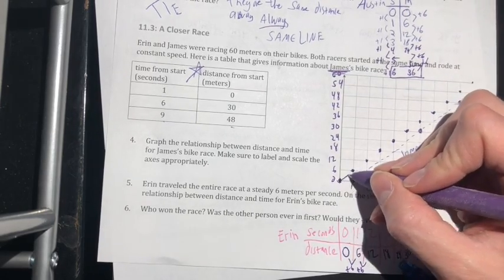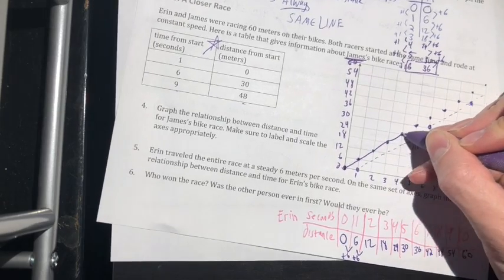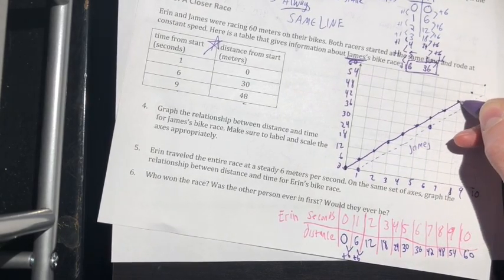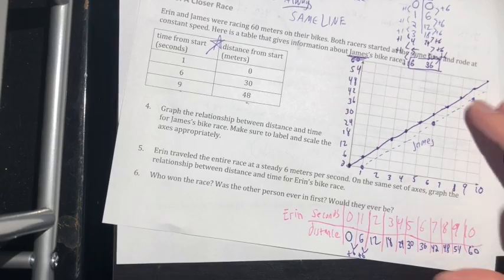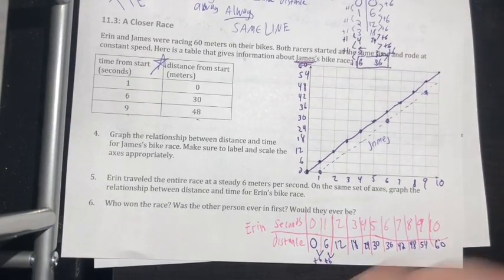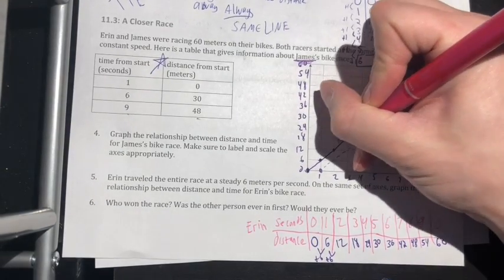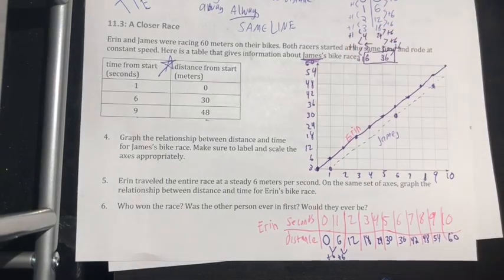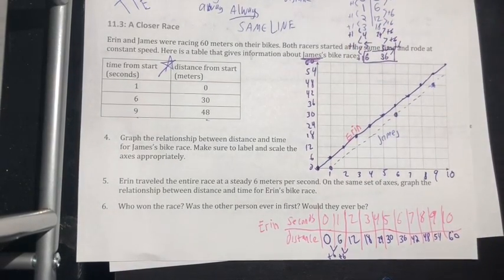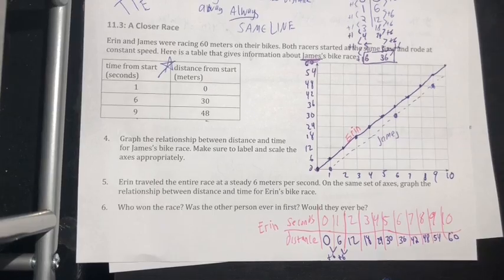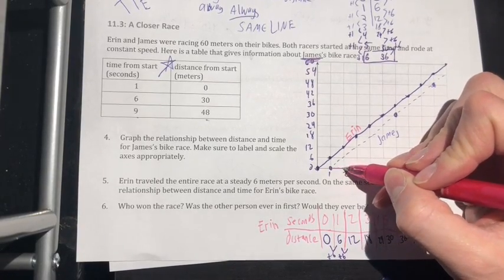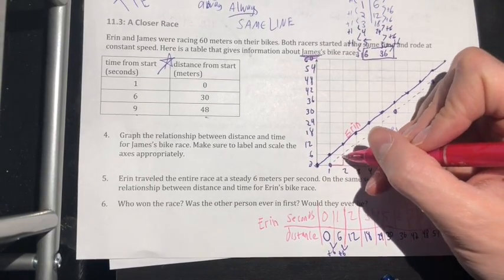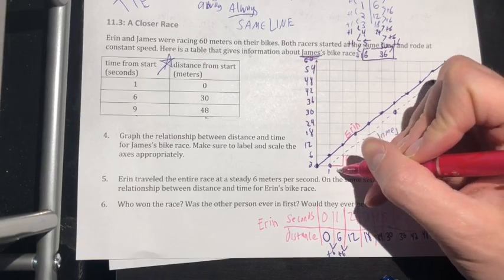So here's Aaron's line. Oh, I'm supposed to do hers in purple. That's okay. She'll understand. So let's talk about these two lines. They're going the same speed. Look at this. James is still going 6 meters in 1 second.